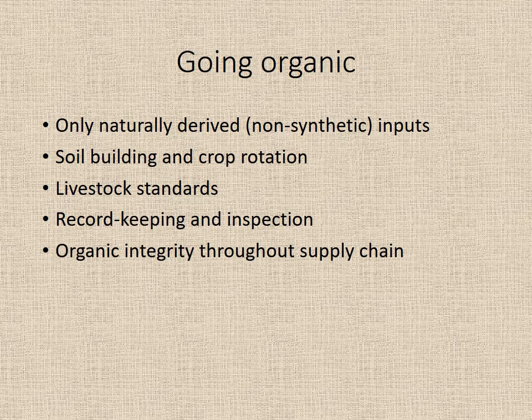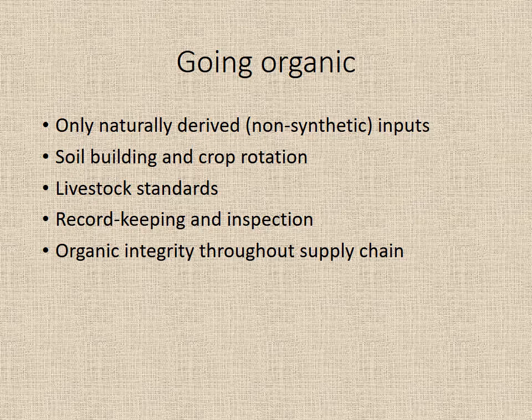In order to manage land in compliance with the USDA's organic rule, there are several things a farmer has to do. First, in general, they have to use only naturally derived inputs, substances that have been obtained from a naturally occurring biological or mineral source, not synthesized from other compounds. Soil health and soil building is explicitly addressed in the organic standards.